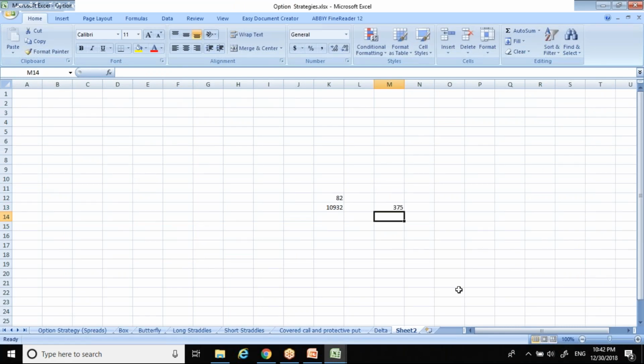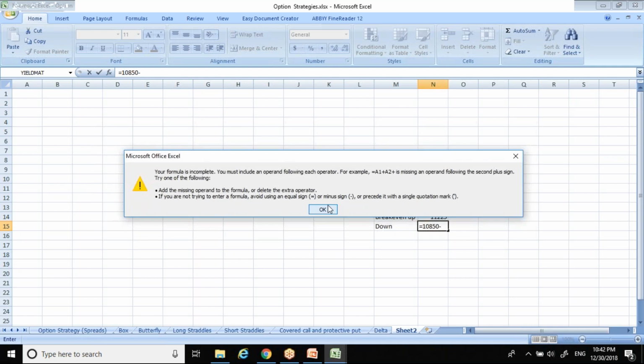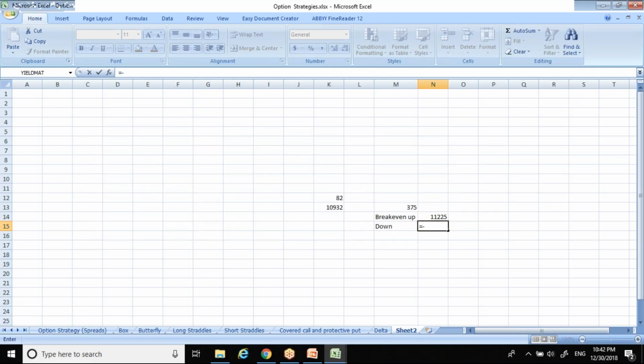But now what will be my break even? Break even upside would be like market must go above 10,850 plus 375, and break even downside, so you can say is like 10,850 minus 375.